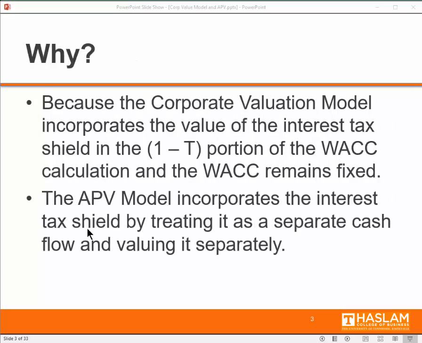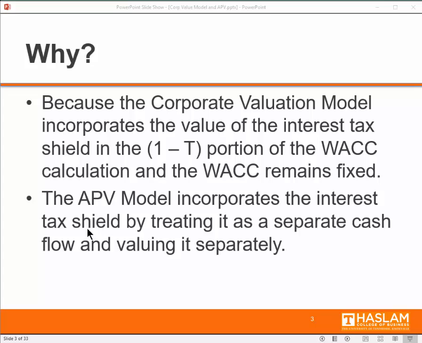Now, there are lots of technical reasons, but the basic reason is that the corporate valuation model incorporates the value of the interest tax shields, meaning for every dollar of interest that the company pays, it saves in today's tax environment 21 or 25 cents of tax payments. And that interest tax shield is incorporated into the weighted average cost of capital. And we're assuming that the weighted average cost of capital remains fixed.